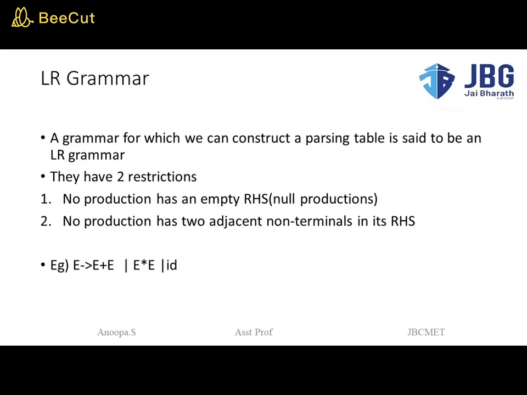Number two, no production has two adjacent non-terminals in its RHS. So if there is one non-terminal symbol in the RHS, there should be an adjacent terminal symbol or no symbols, but there should not be any two adjacent non-terminal symbols. If you see that example, E giving E plus E, or E into E, or id, there are no adjacent non-terminal symbols and no epsilon productions. So this is an example of an LR grammar.